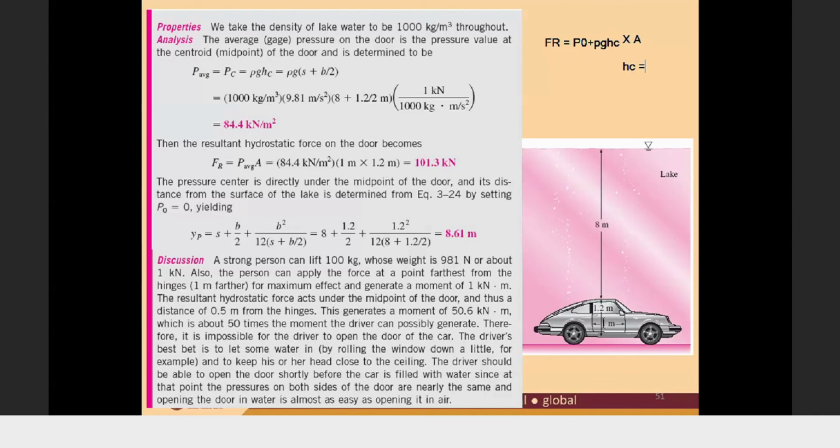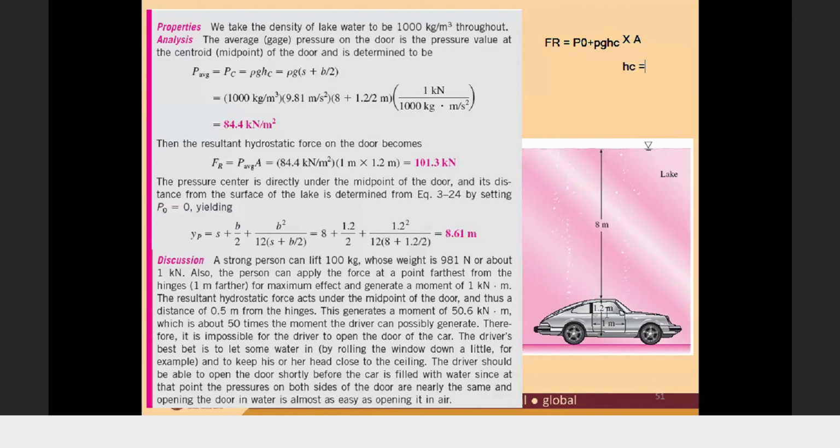We know the height is 1.2, so the middle of the 1.2 is 0.6. So HC is 8 meter plus 1.2 over 2, or 0.6.